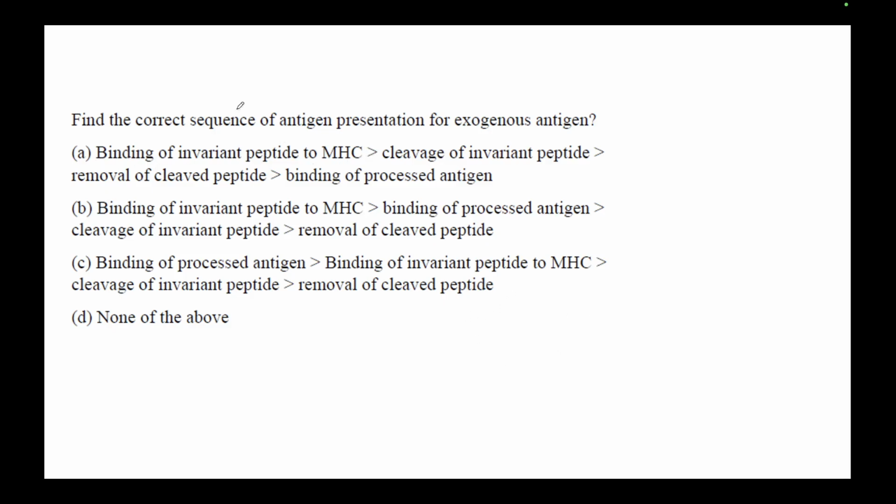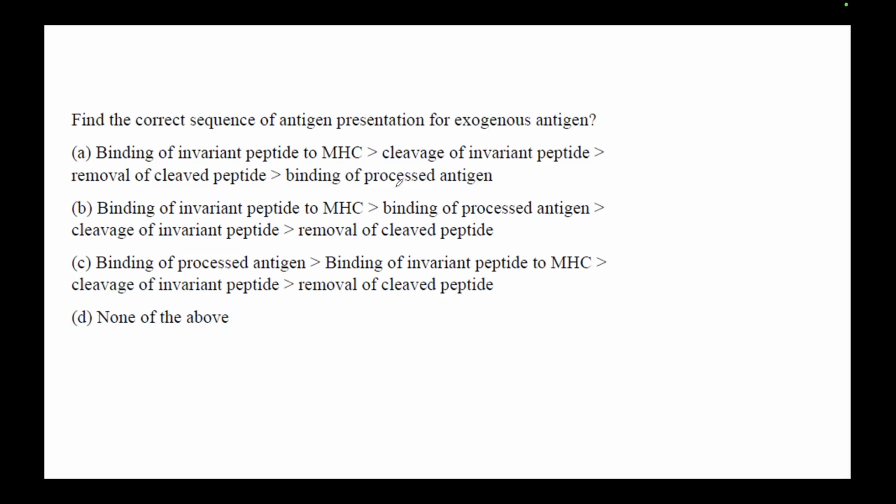So in the beginning an invariant chain is bound to the MHC. Okay, true. Then it says cleavage of the invariant peptide. So after the binding, the invariant peptide gets cleaved. Okay, and then there is only one fragment which is called CLIP, which remains associated with the MHC. Okay, so after that there is a removal of that cleaved peptide.